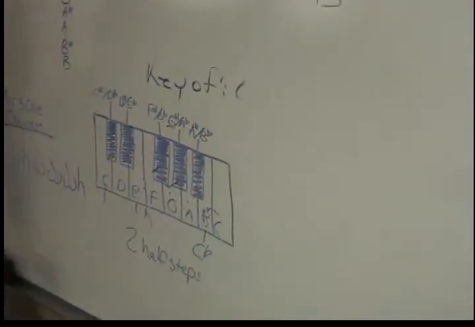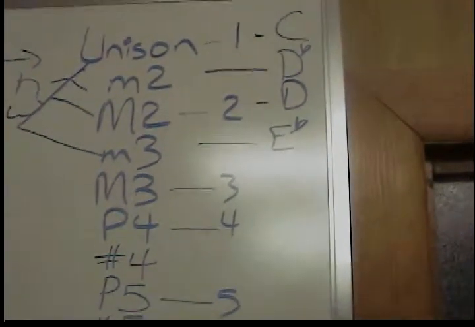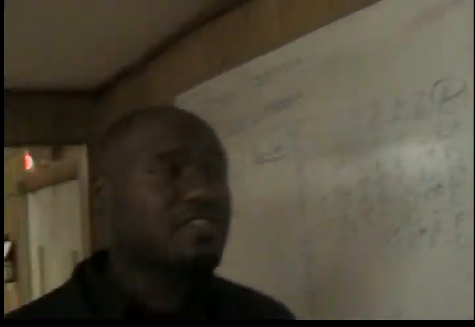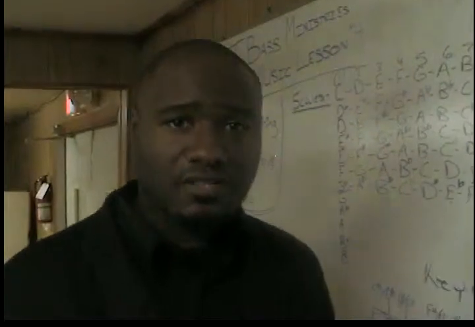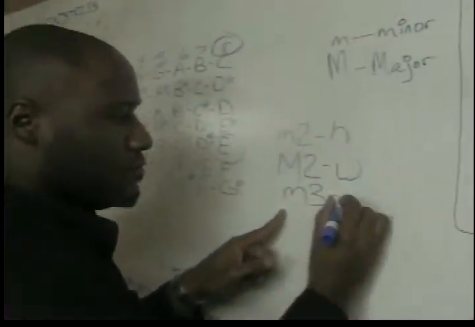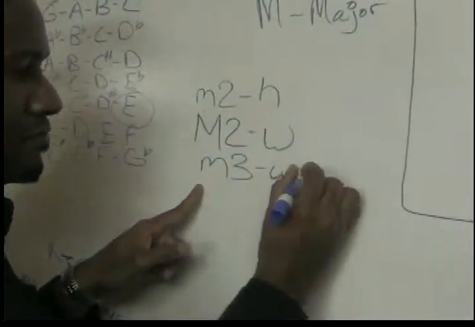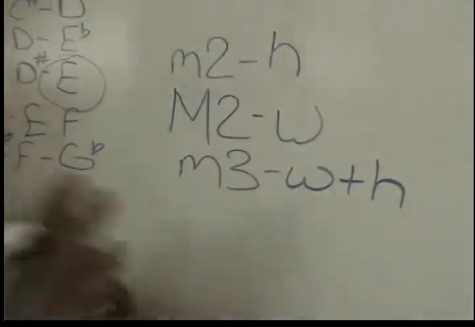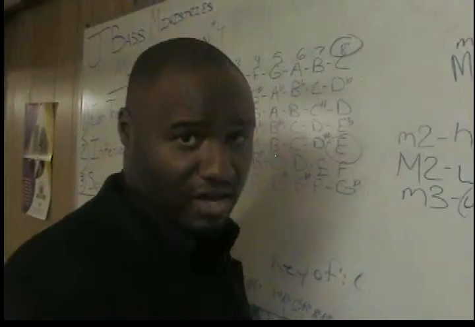And that ended me where? E flat. All right. So, since 2 half steps are a whole step, what we'll do is a whole step plus a half step. That takes care of our 3 half steps.